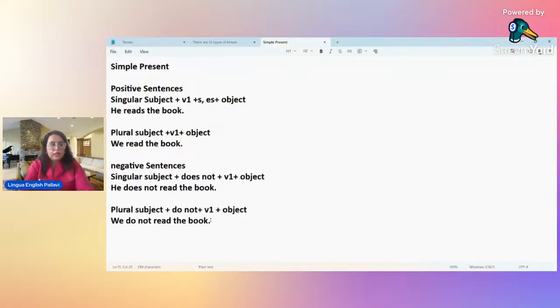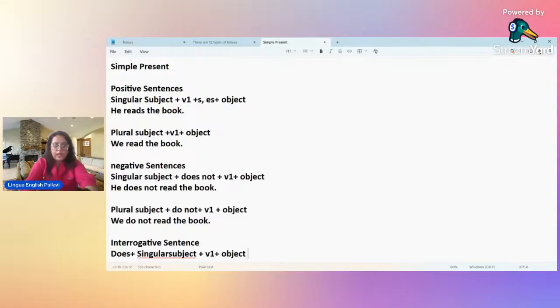Next comes our interrogative sentence. Interrogative sentence means question sentence. So again, the rule will be does plus singular subject plus verb first form plus object and a question mark.